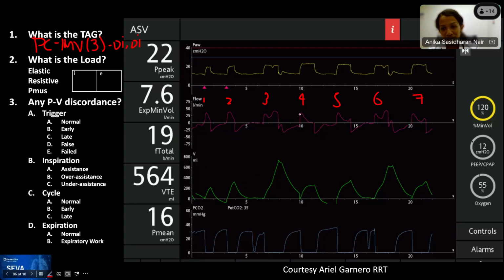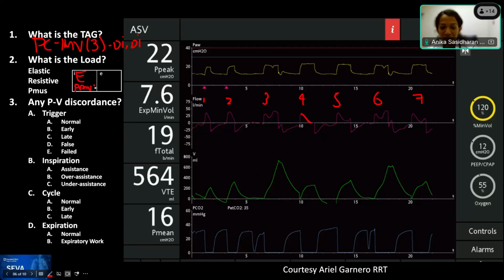So over here, we can see a nice exponential decline, and we come back to 0 in the flow waveform pretty fast. Is everyone kind of able to see that? All of our other mandatory ones are distorted by PMUS. So over here, we can see that it comes back to baseline pretty quickly. So in inspiration, yes, we have elastic, and then everywhere else we do see some PMUS. So we have PMUS as well.